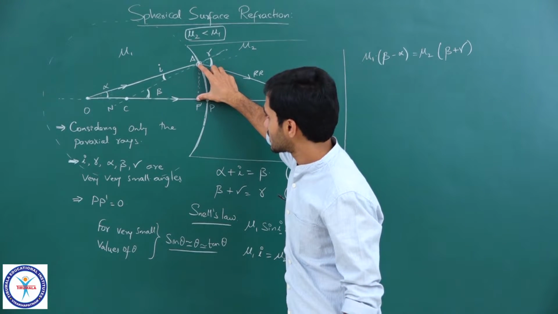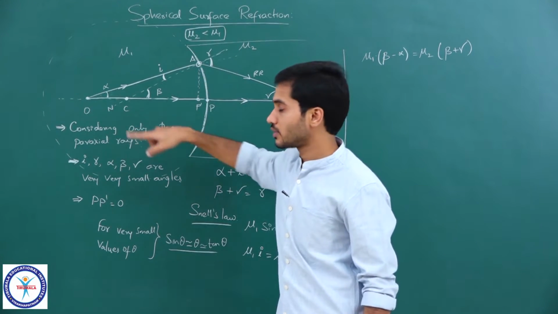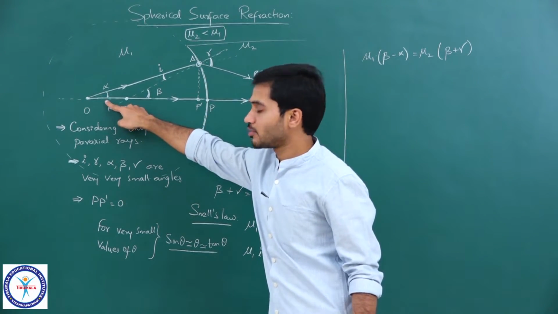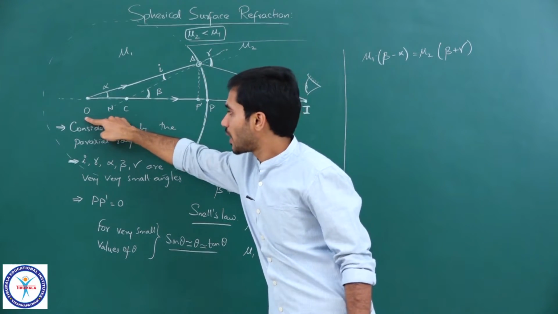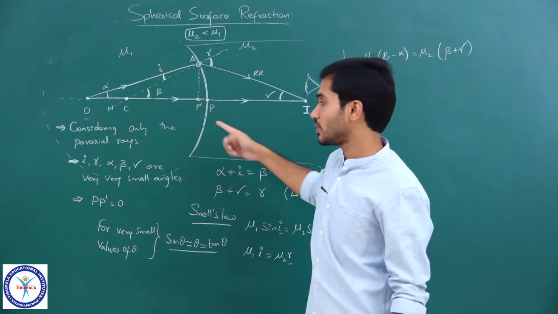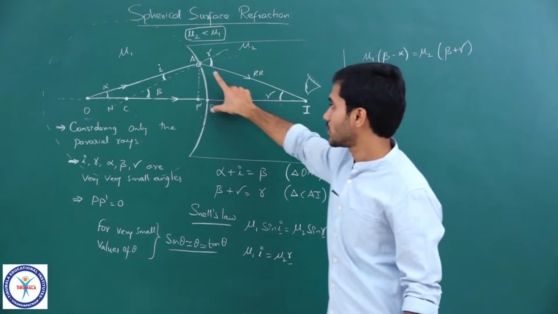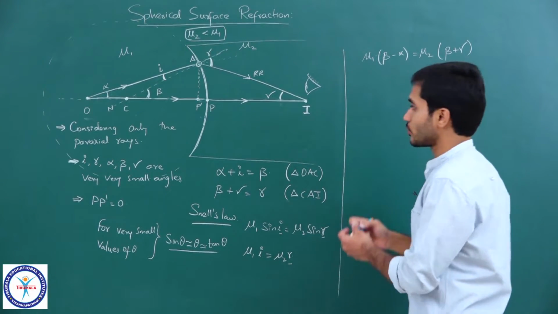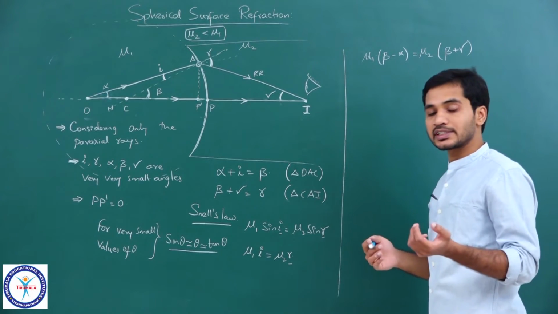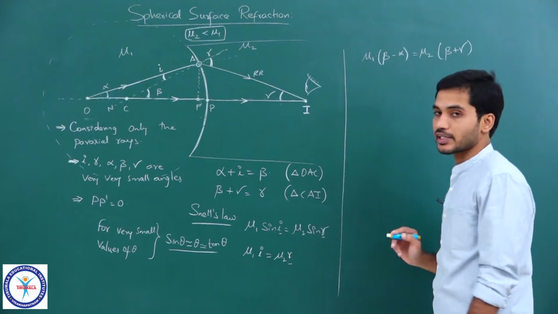Tan beta is this length by this length, right? Similarly, tan alpha is this length by this length. Similarly, tan gamma is this by this, right? So, thereby we can bring all the object distance and image distance into this expression.